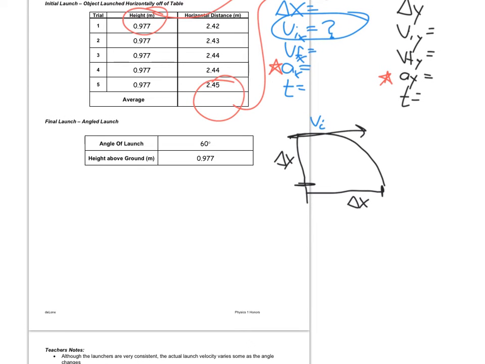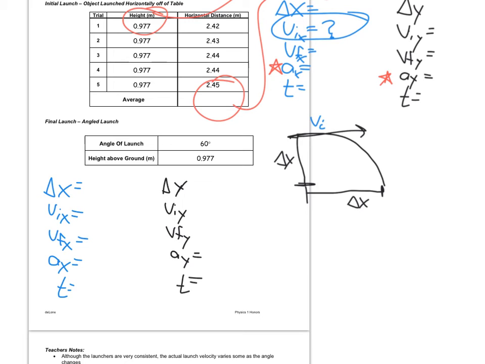We're going to say we have, once again, delta x, VIX, VFX, AX, and T. We also have our y set up here, which is going to be delta y, VIY, VFY, AY, and T. Once again, we're going to know our accelerations in both the x and the y direction. So that's one piece of information that we know. Our height, we still know.